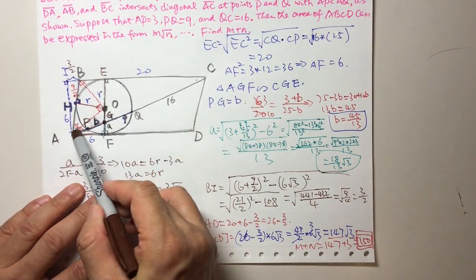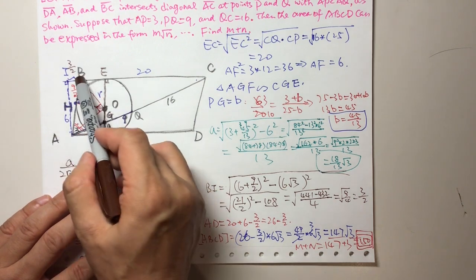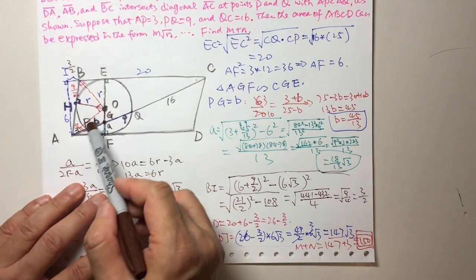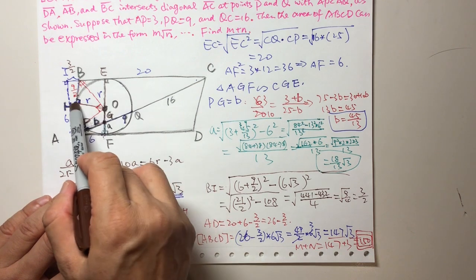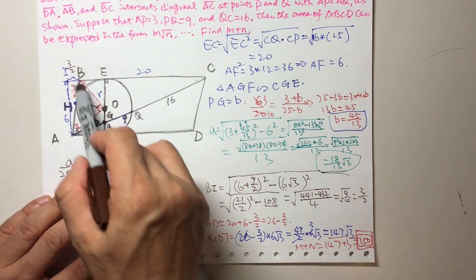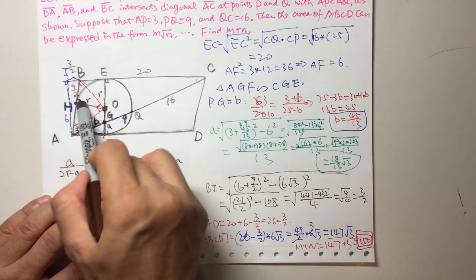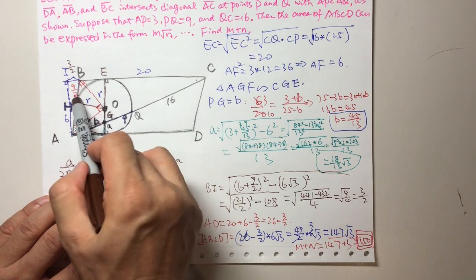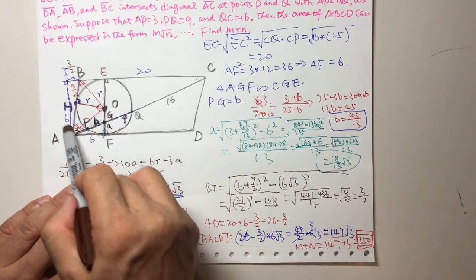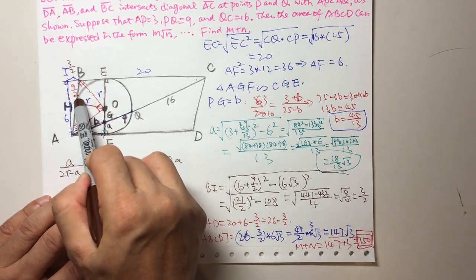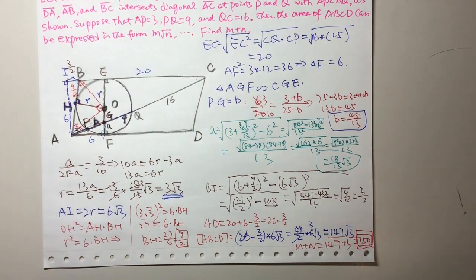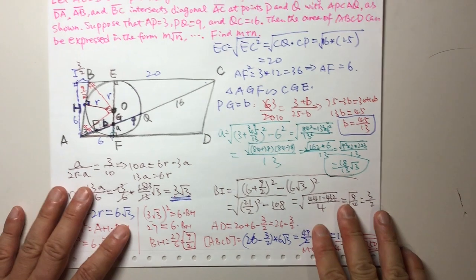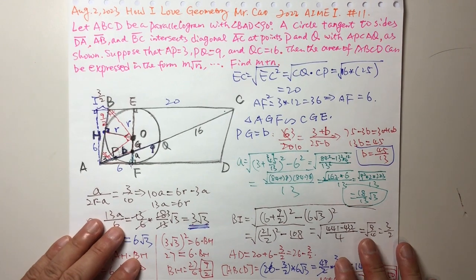Especially for this AOB, a right triangle, we know the height on the hypotenuse and how to find a part of the hypotenuse. So we use the formula r squared, the height squared, equals AH times BH. So this problem had a lot of calculation and used a lot of theorems. Okay, thank you. Hope you enjoy it.